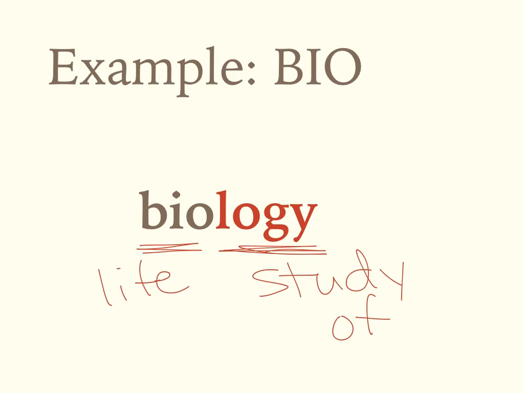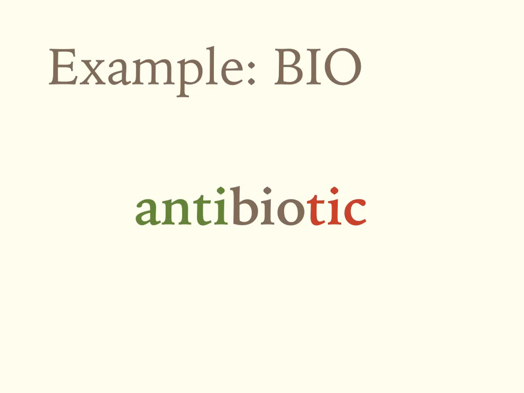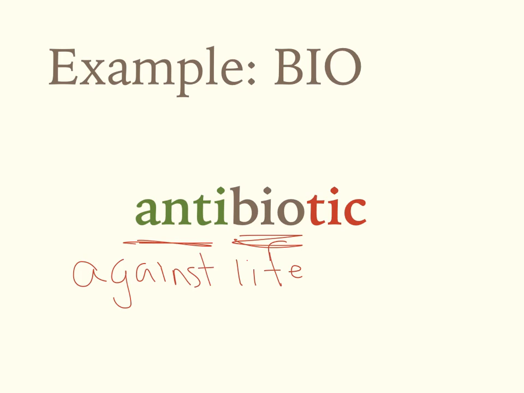All right, this one's a little bit trickier because it's got both a prefix and a suffix. But again, we've got life in the middle, not light, life. And then we've got anti, which means against. And then we've got this little tic at the end, which sort of turns things into either an adjective or a noun.